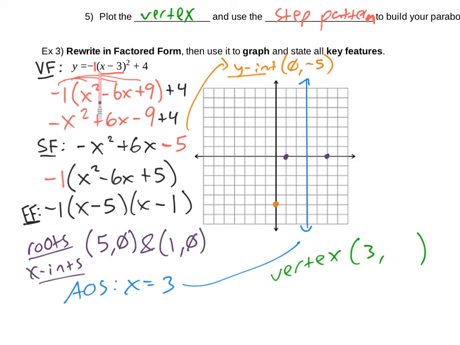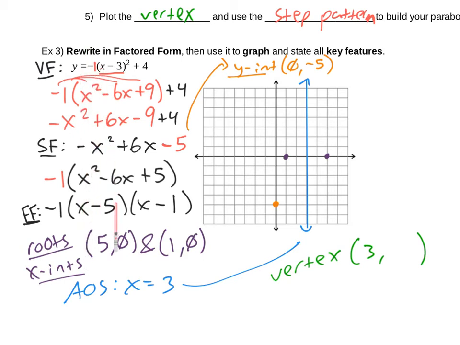Why vertex form? Because 3 goes right there, and what happens to 3 minus 3? Goes to 0, and 0 squared is 0, and 0 plus 4 is 4. Okay, so again, you don't have to use this one. You could use any of those forms, but don't be a robot.